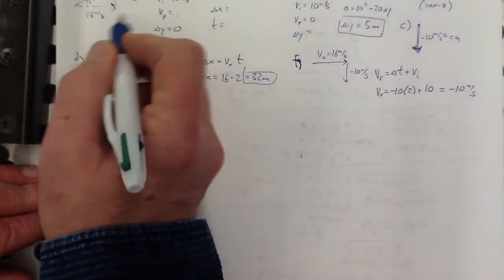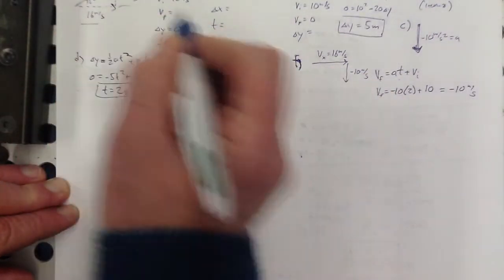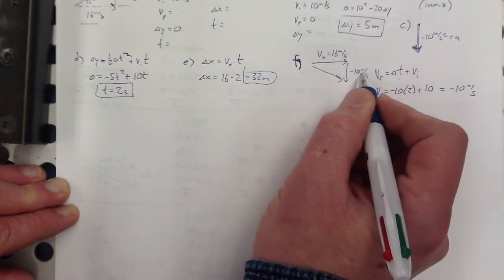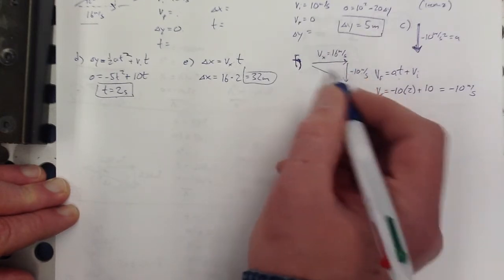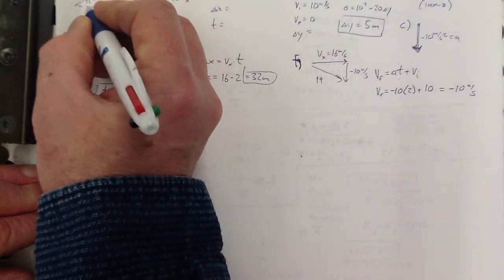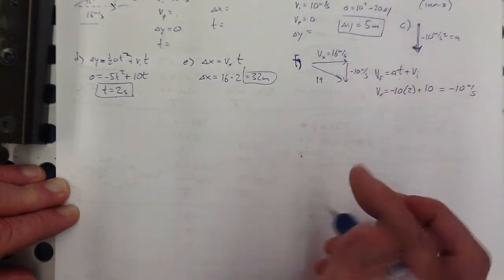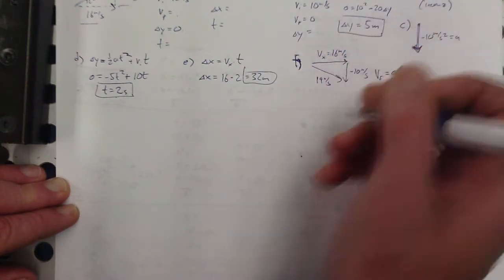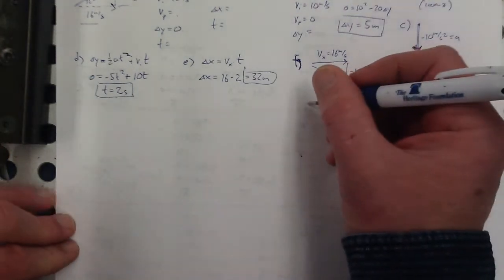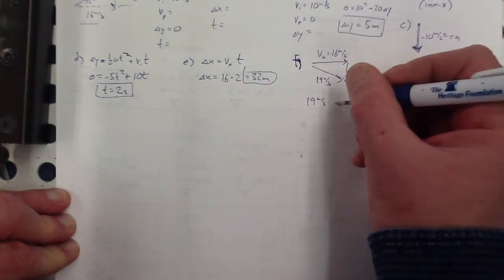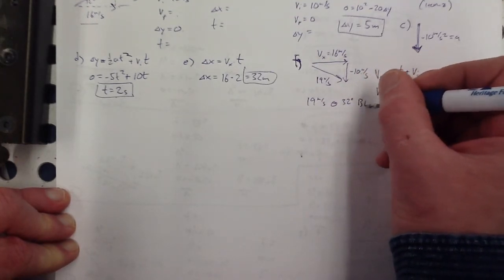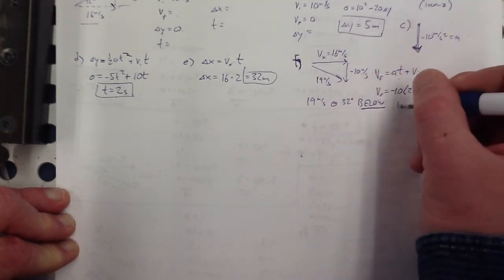And if you notice here, these triangles, you can do the trigonometry, tangent inverse of this over this, and the Pythagorean theorem to get this. But it's the same triangle as this, right? It's just kind of flipped over. So however you get there, the final velocity is 19 meters per second at 32 degrees below horizontal.